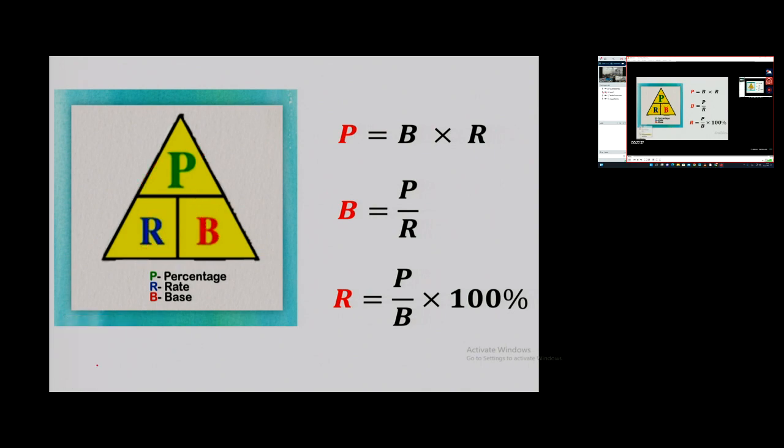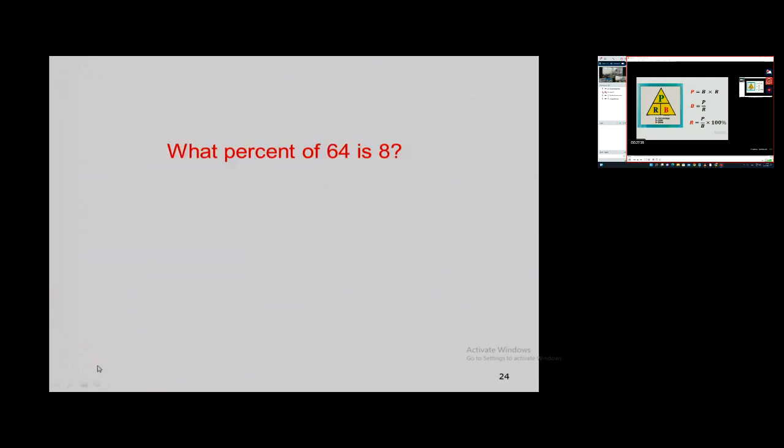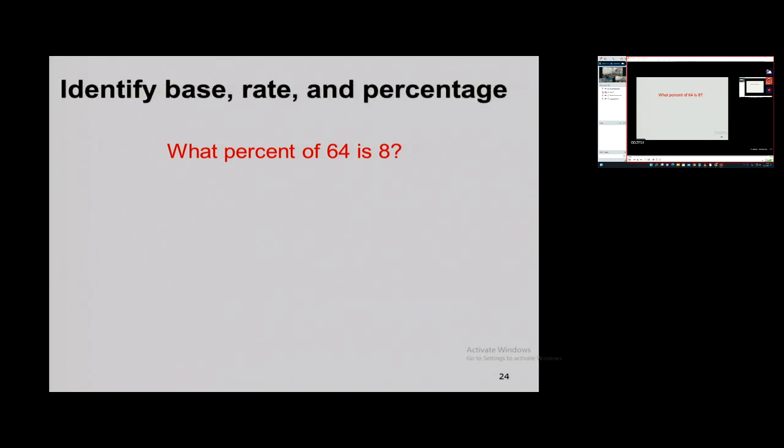Now, let us try to use this formula. Given this question, what percent of 64 is 8? First thing that you need to do is to identify the base, the rate, and the percentage.